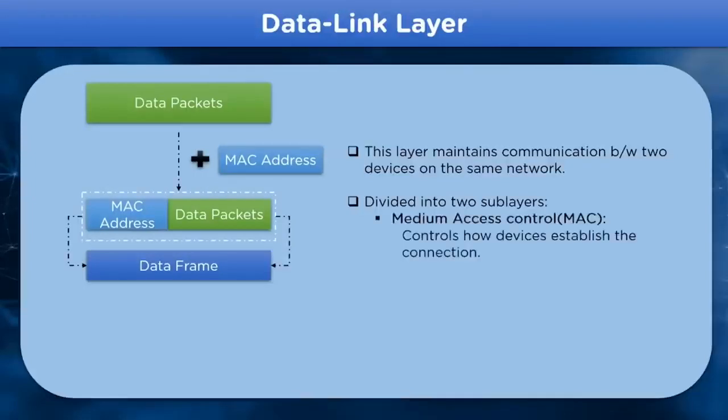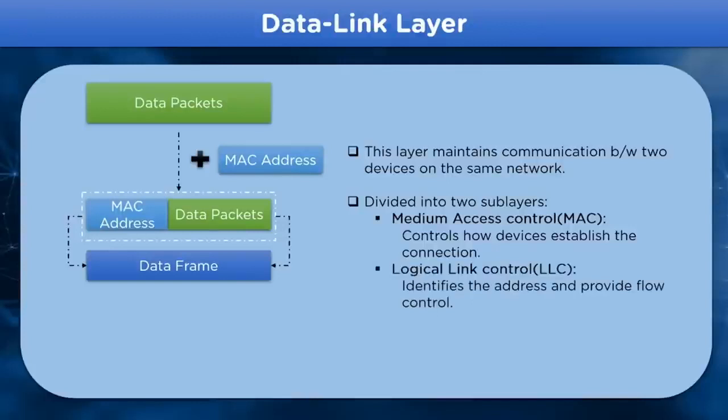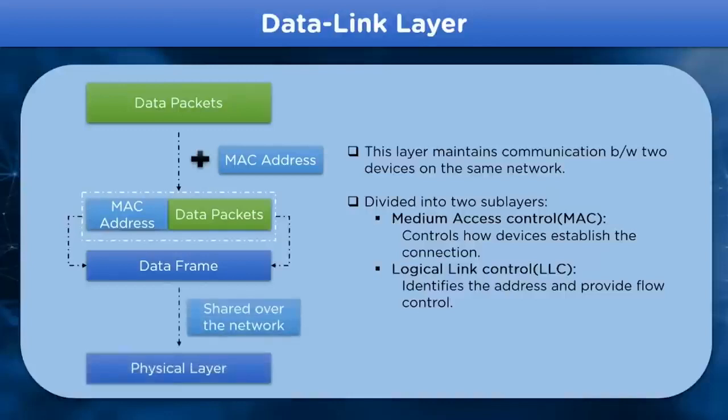The layer is divided into two different sublayers. Medium access control, that is MAC, controls the established connection device. The second sublayer is the logical link control layer, LLC, which identifies the address and provides flow control for the data. This data frame, as told earlier, is transferred over to the physical layer.